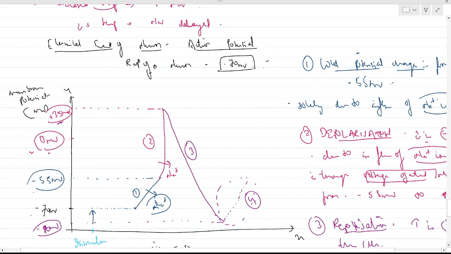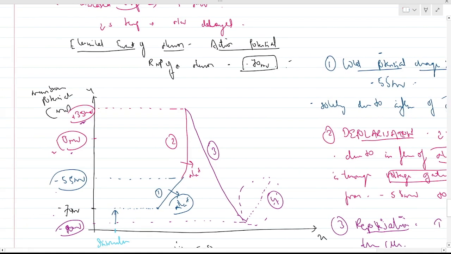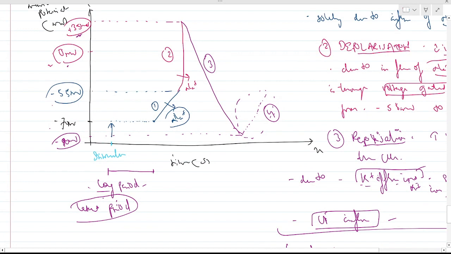Okay. First phase, local potential change from minus 70 resting membrane potential to minus 55 millivolt. Now I've said to remember this minus 55 millivolt. Okay. The time has come to say what is its importance.